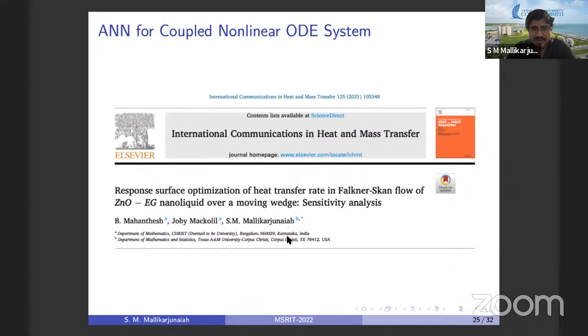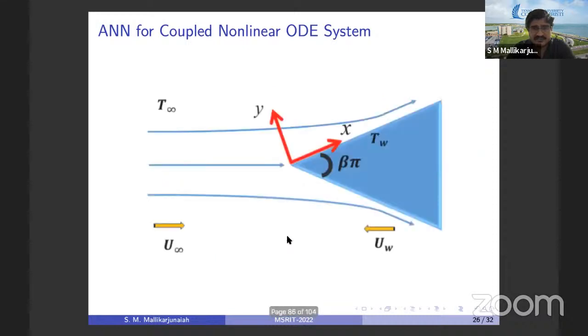Now the model basically is flow over a moving wedge. You have a fluid with some velocity and the wedge also moving with some velocity, and you can write conservation laws for this set of nonlinear partial differential equations.